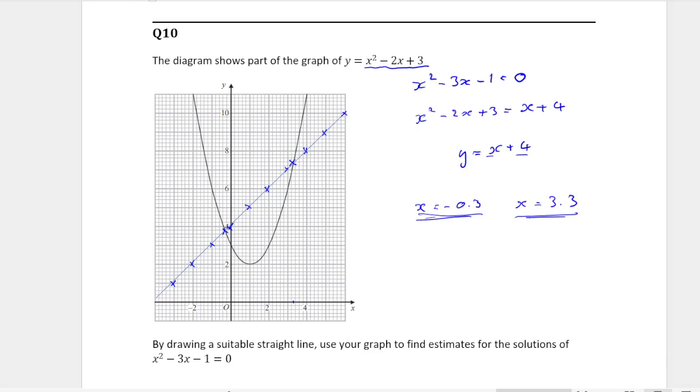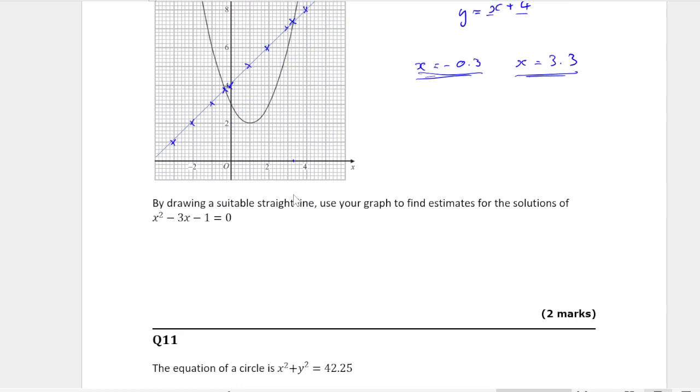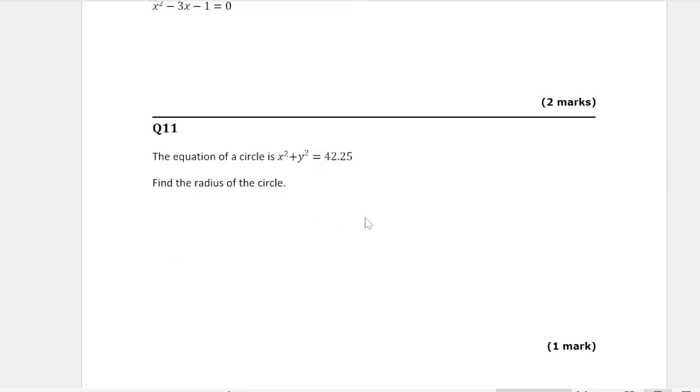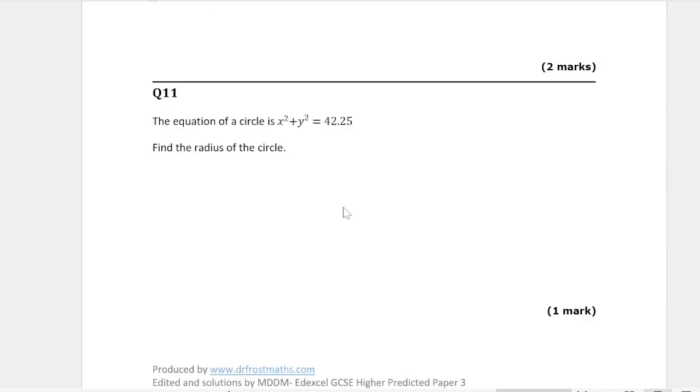Okay, question 11. The equation of a circle is x squared plus y squared is equal to 42.25. Find the radius of the circle. Well, the general equation of a circle with centre at origin is x squared plus y squared is equal to r squared. So I want to find the square root of this. Technically speaking, I would have a positive and a negative value, but the radius is a positive value, so I don't need the negative.